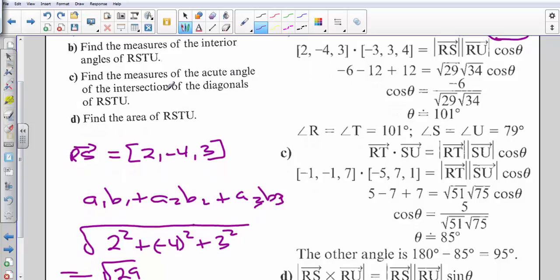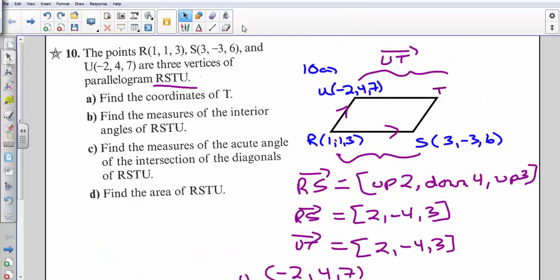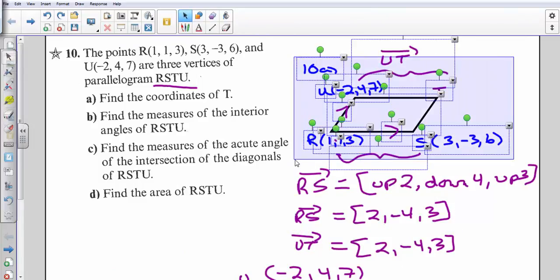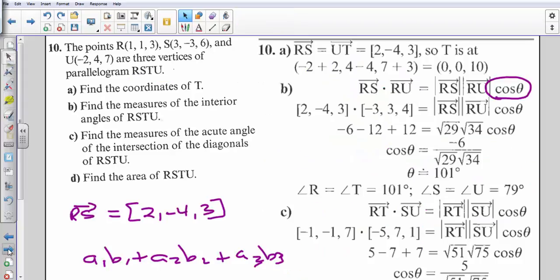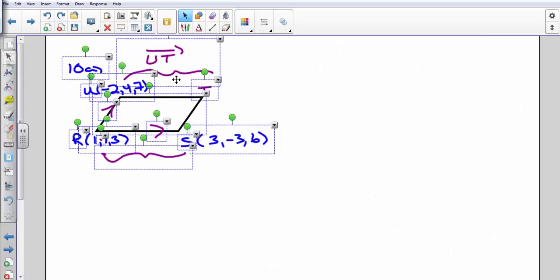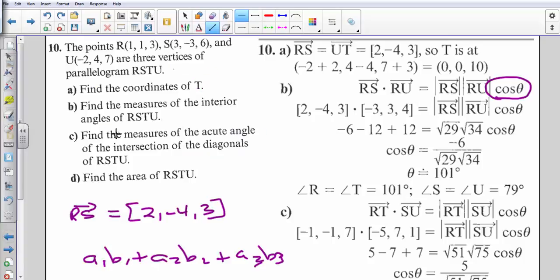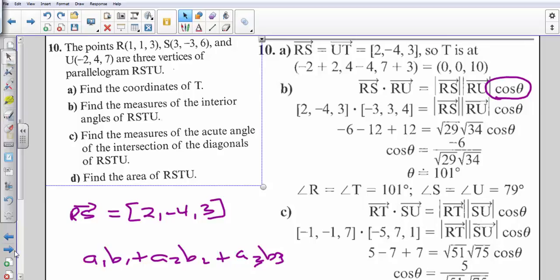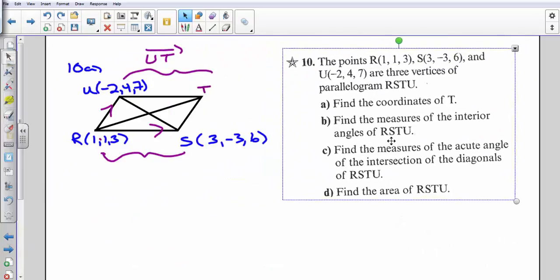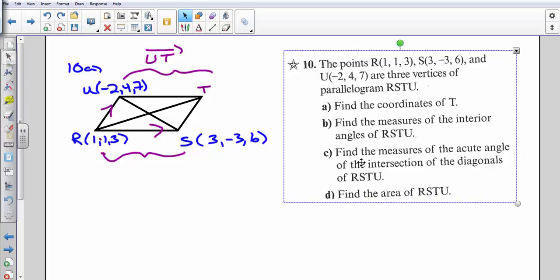Find the measure of the acute angles of the intersection of the diagonals. Okay, so if we continue with this, maybe if I copy this to a new screen, what it's asking me to do is draw in the diagonals here and here, and then find the measure of the acute angles at the intersection.